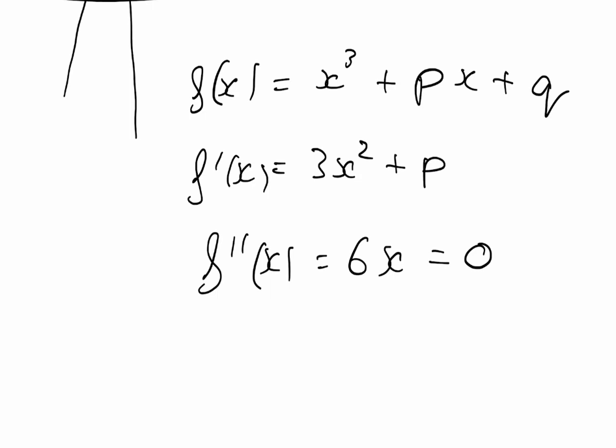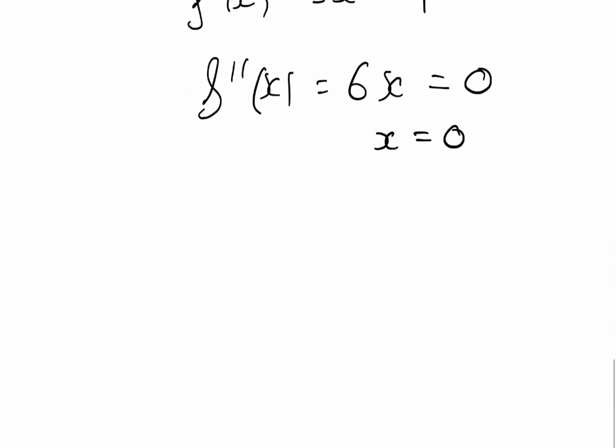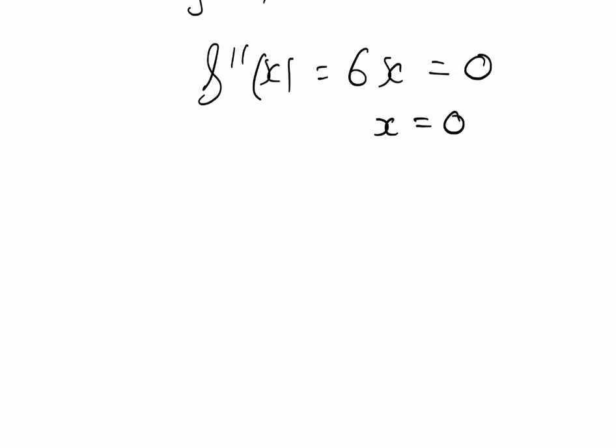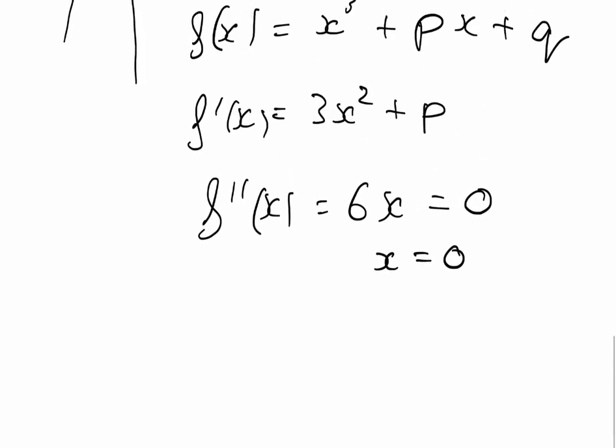And the only time when 6x is equal to 0 is when x is equal to 0 as well. And this means that q, which is the y-intercept, because when x is 0, all we are left with is q. If q is the y-intercept, and the inflection point is also on the y-axis, then we say that q is the inflection point.